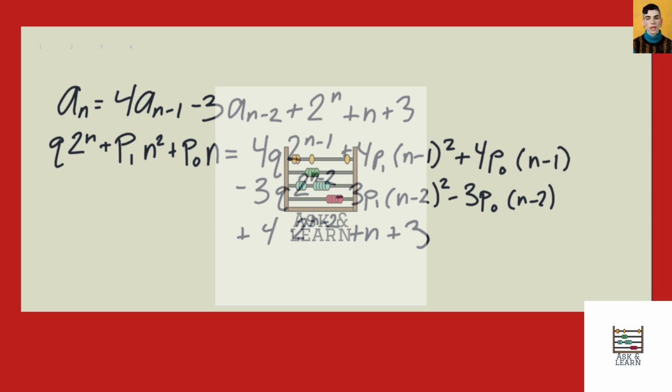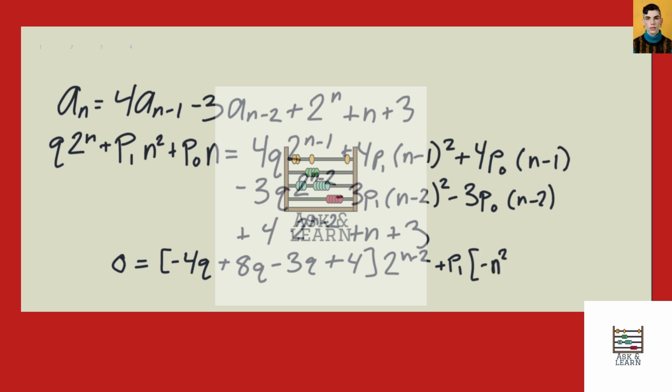We will get that 0 is equal to negative 4q plus 8q minus 3q, plus 4, times 2 to the n minus 2, plus p1 times negative n squared plus 4 times (n minus 1) squared minus 3 times (n minus 2) squared.